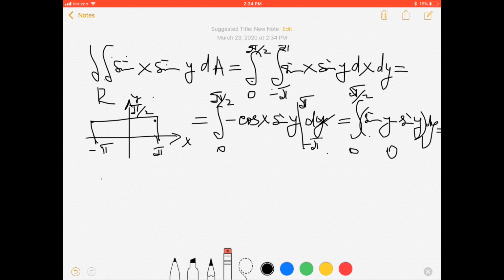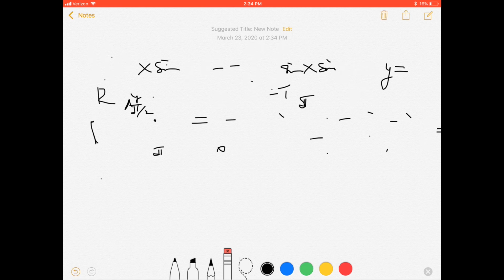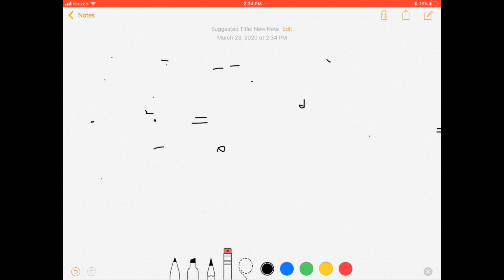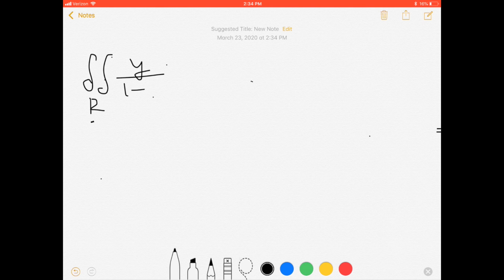Let's see a different example. We need to evaluate the integral over region R of y over 1 plus x squared dA.